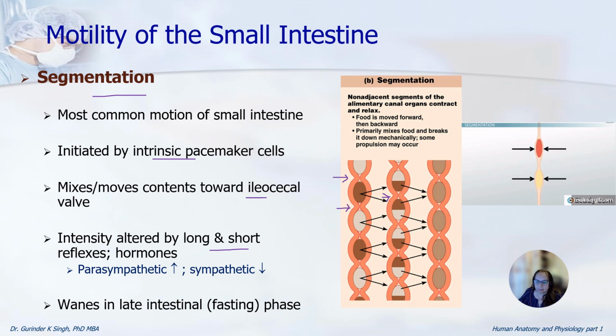The parasympathetic nervous system enhances the motility in the small intestine, and the sympathetic nervous system decreases it. Segmentation and peristalsis decrease in a fasting phase. If you do not eat, then the motion actually goes down.